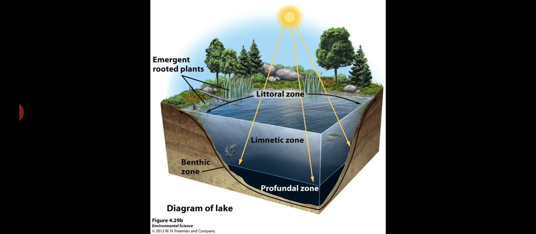It has little or no sunlight, and oxygen levels are also very low. The bottom of the lake is the benthic zone, and only those organisms that can tolerate cool temperatures and low oxygen levels, such as snails, clams, etc., can survive in this zone.